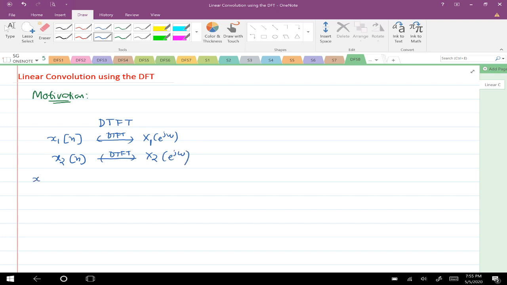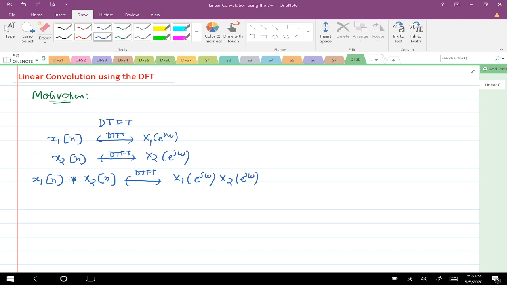Suppose now in the time domain I perform a linear convolution, x1 of n linearly convolved with x2 of n. What would be the DTFT of it? That would be multiplication in the frequency domain, X1 of e power j omega into X2 of e power j omega.